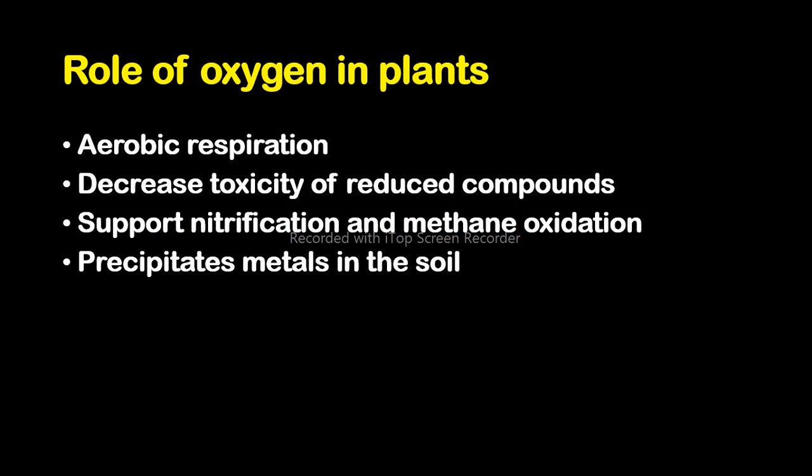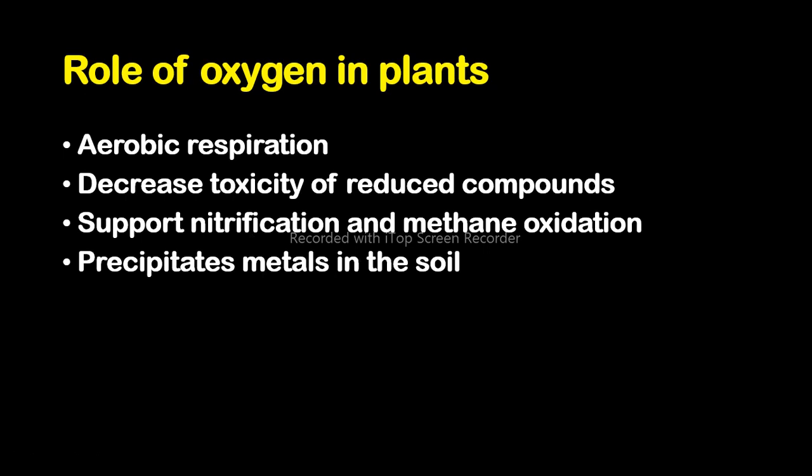Then precipitation of metals in the soil, the same. You know that most of the metal oxides and hydroxides are insoluble. So the oxygen is going to precipitate these metals that would end up damaging the plant, for instance these heavy metals, which are absorbed in solution form.